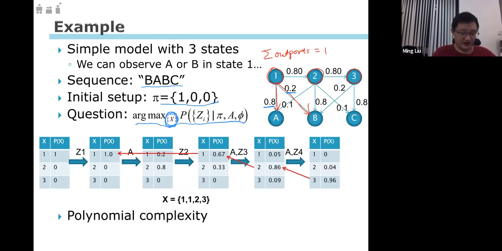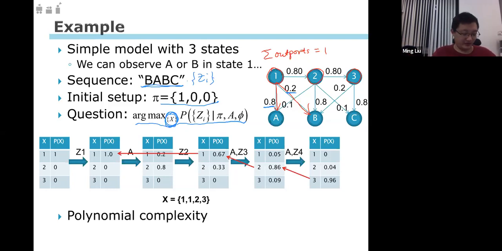What is Zi? Zi is this guy. What will be the sequence that maximizes the probability to observe BABC? In other words, you observe BABC, you tell me what's the transition of the hidden states?